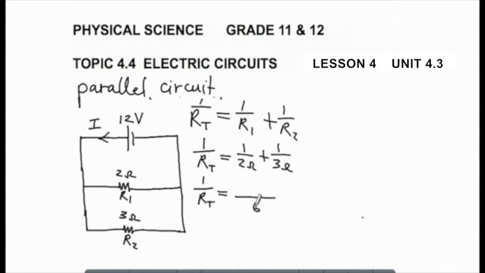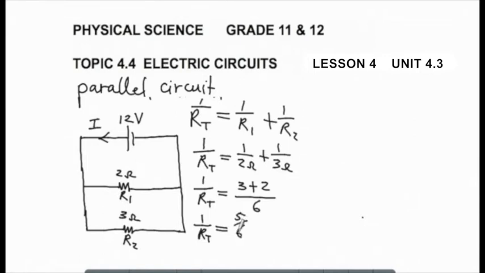Therefore, 2 into 6 goes how many times? We'll have 3. Multiplied by 1, it will give us 3. Plus 3 into 6 will give us 2. 2 times 1 will give us 2. So therefore we have 3 plus 2. From there we have 1 over RT, which will equate to 5 over 6.